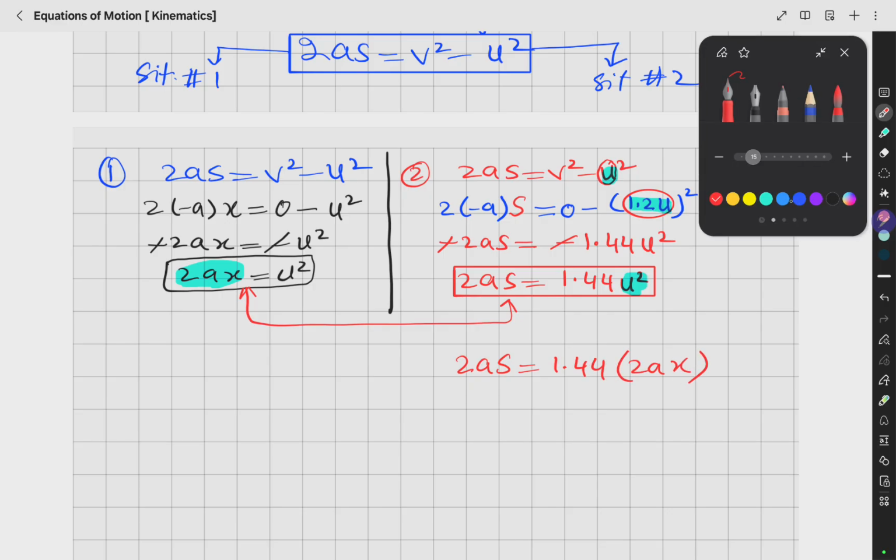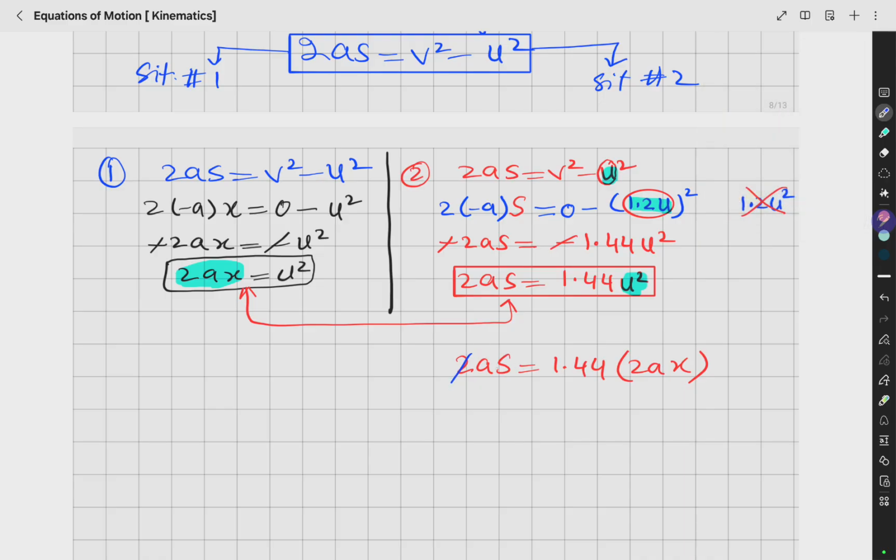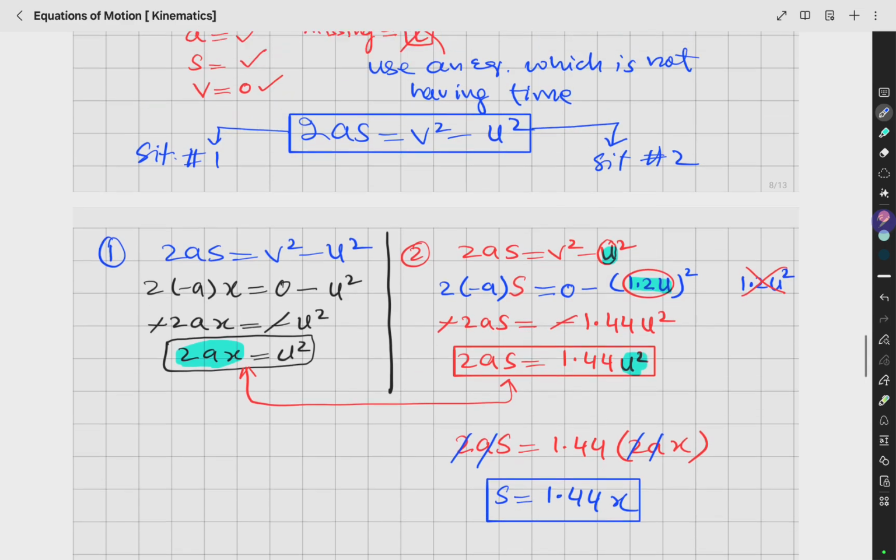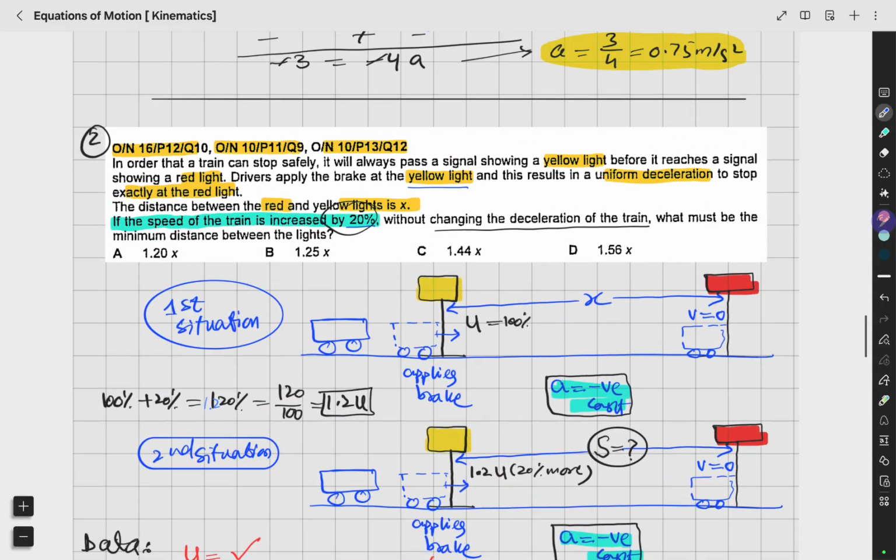Now you can see that this 2 and a is going to cancel away, so you're left with s is 1.44x. So this should be your new displacement. Your new displacement should be 1.44 times greater than x. So this here is your option.